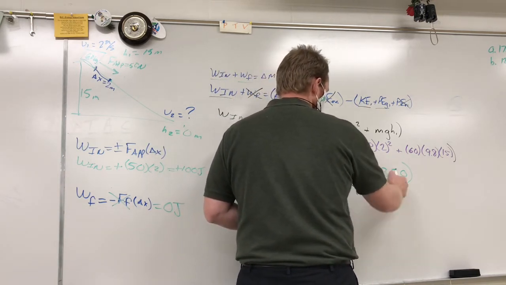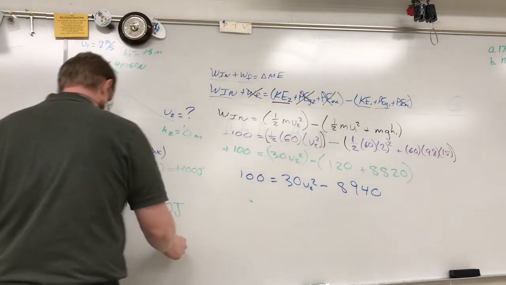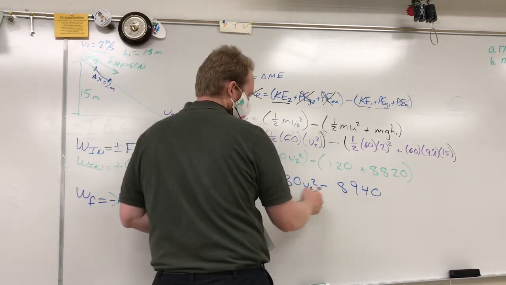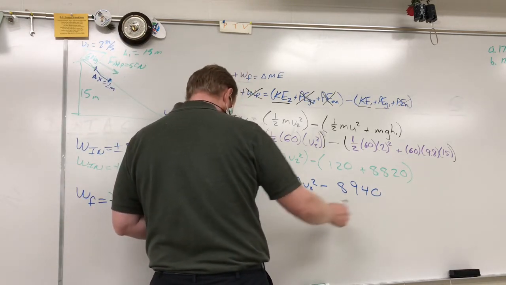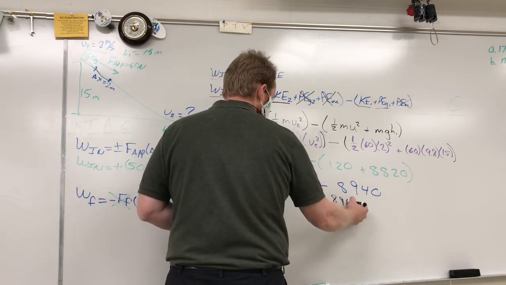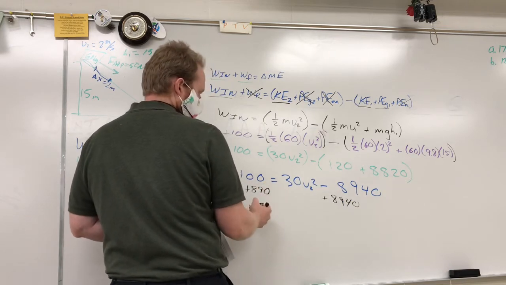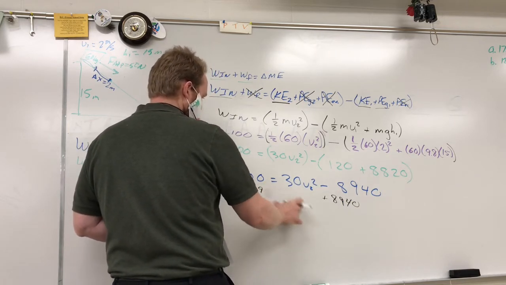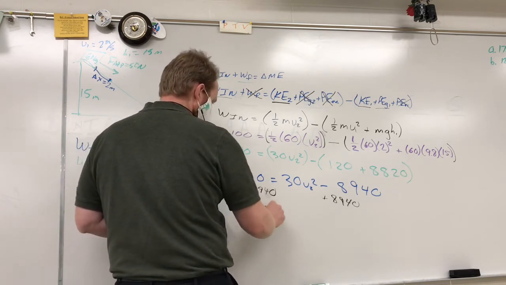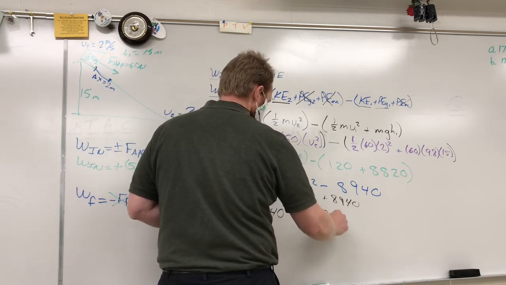We add what's in the parentheses. I can't combine the v2 squared, so we have to add, and then what we have over here is 9,040 is equal to 30 v2 squared.